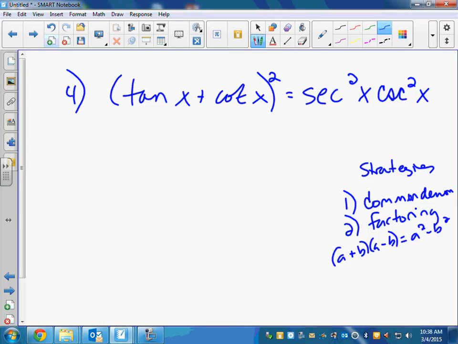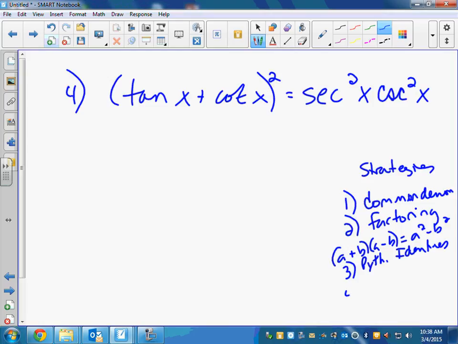So if they give you something like this, maybe they want you to factor it. Look for identities, especially those Pythagorean identities. Have you forgotten those already? Those might be some you need to study. Sine squared plus cosine squared equals 1. And 1 plus tangent squared equals secant squared. I'm going to look those up.